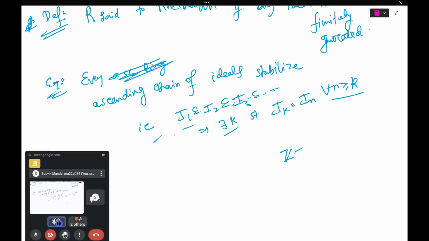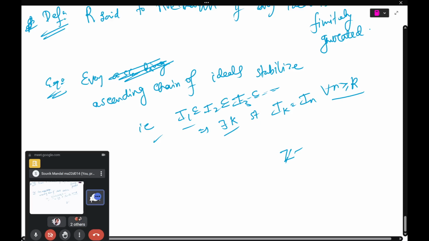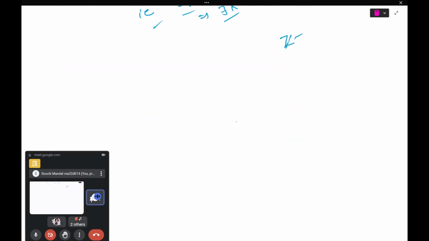Now you have to check whether these conditions are equivalent. Yes, these are equivalent statements. Okay, so using either the first definition or the second definition, solve the following true-false problem.